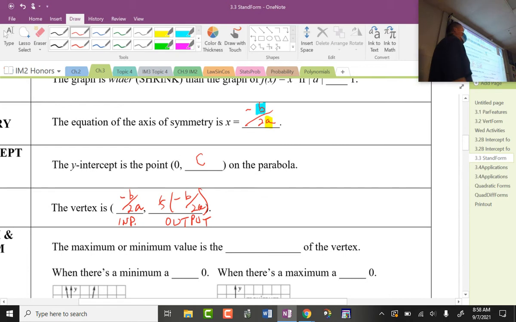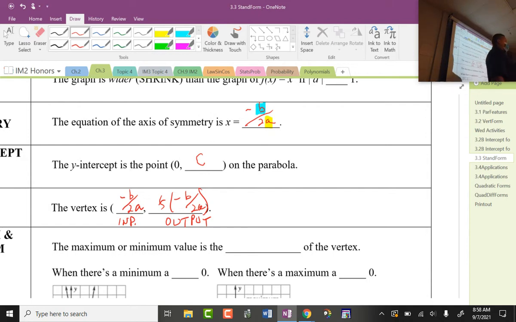It's 0, comma c. Write that down now. Okay, pay attention. All right, so 0, comma c is the y-intercept. So wherever that number is at the end, that constant. So that's going to help in your evaluation for finding other points other than the vertex.